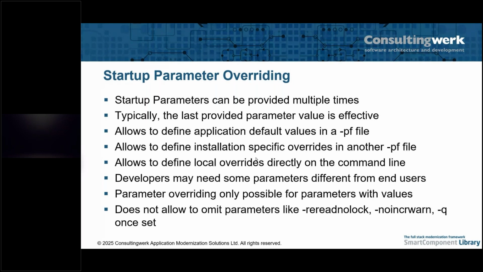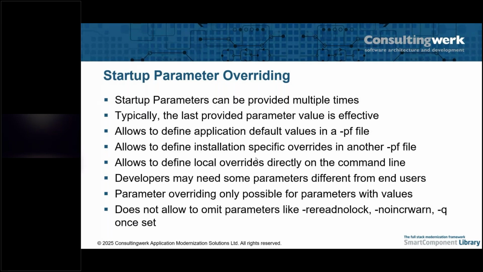Parameter overriding obviously only works with parameters which have a value, because you need to provide the parameter a second time and provide a different value. This does not allow you to omit certain parameters. So if in one of the PF files that you're referencing, you're setting -rereadnolock or -noincrement or -q: reread no lock instructs the client that whenever you read a record, it's not coming out of the client record buffer.